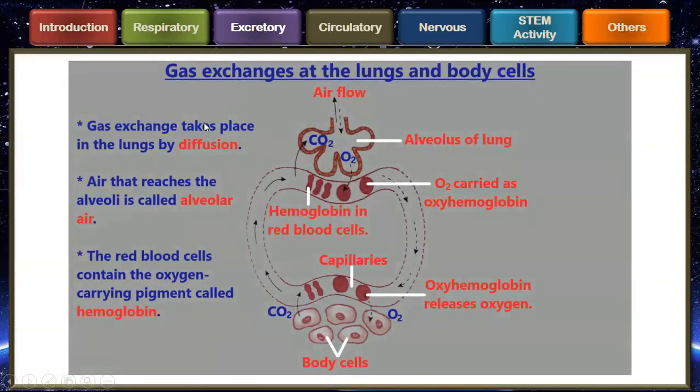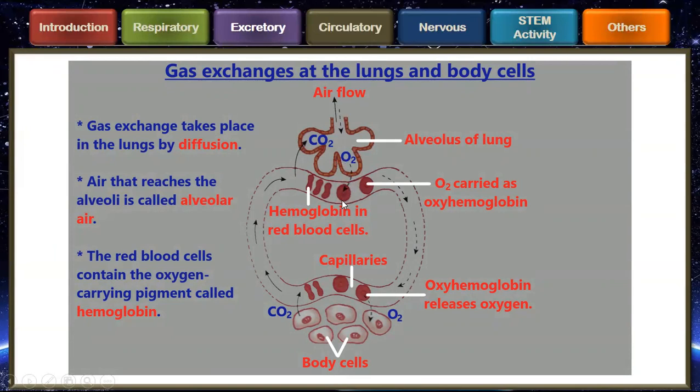Now this is what happens when gas exchanges at the lungs and the body. With the airflow, carbon dioxide and oxygen go in, and because of the thin wall, they can pass through it.